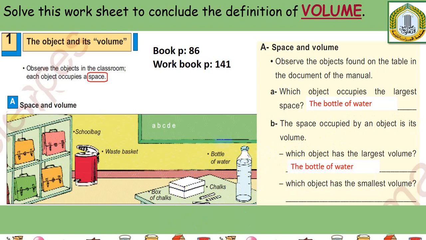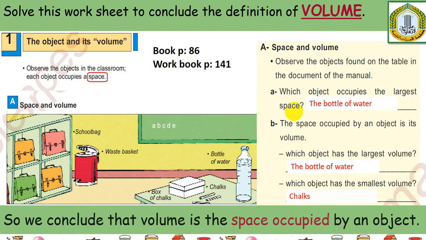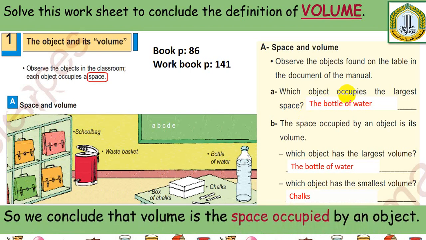And observe again, which one of these has the smallest volume? The chalks. Very good. Now, can you tell me what we can conclude from this document? Can you define the volume? What is volume? Very good. It's the space occupied by an object.